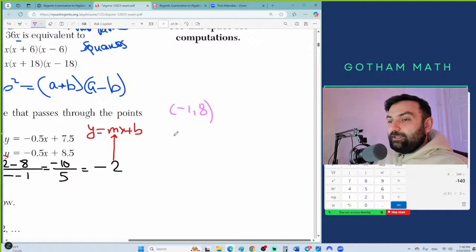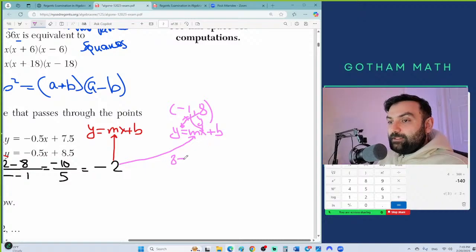I'm going to plug it into y equals mx plus b, and I'm also going to plug in the slope that I found in step 1. So what's going to happen? This is x and this is y. So this comes here, that comes there, and b will stay as a b.